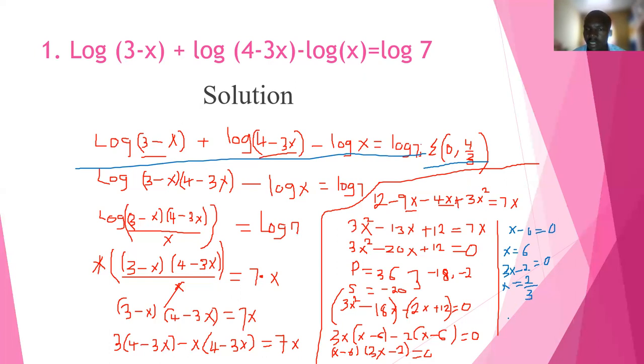So therefore, the correct answer here is 2/3. So x is equals to 2/3. That is the correct answer. So you ignore this one because it does not make this equation true, because this x equals 6 is more than 0. So that is how we should do that.